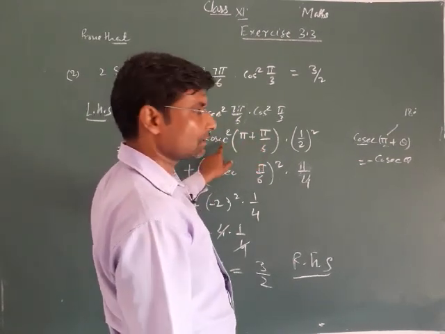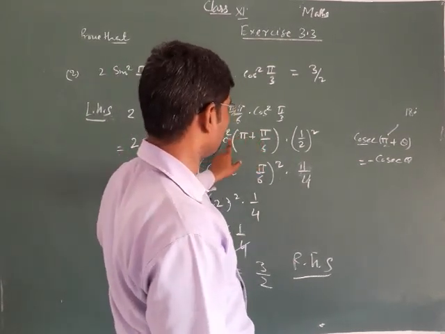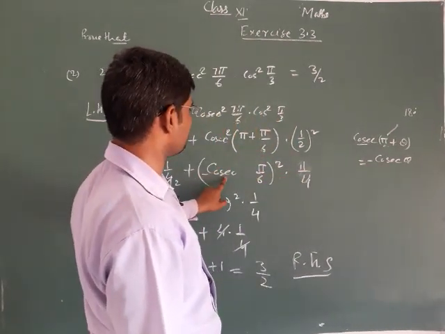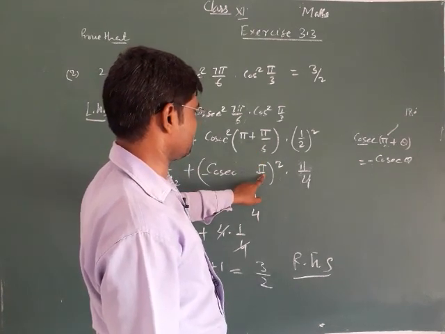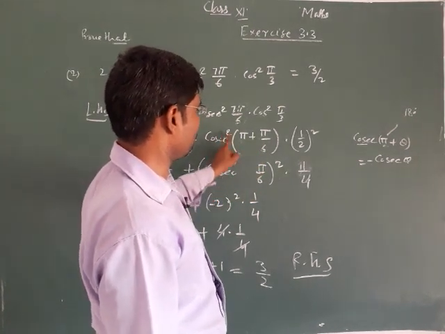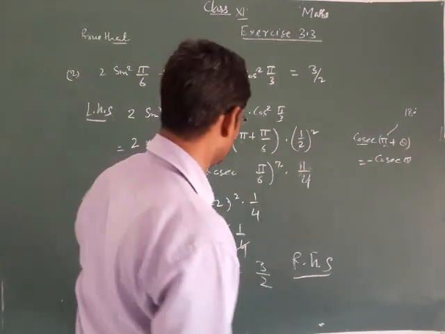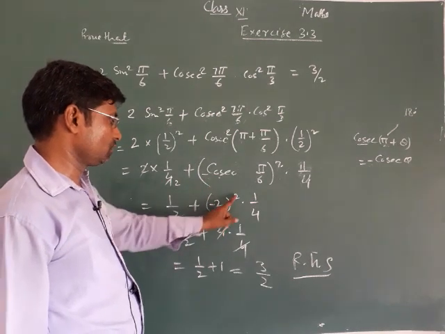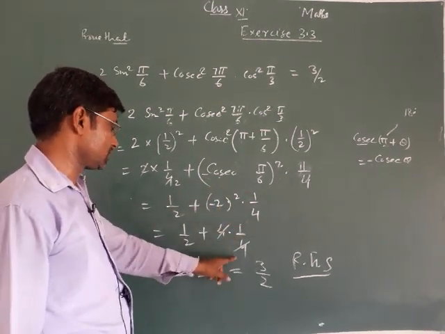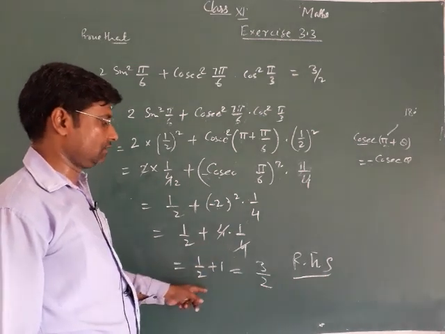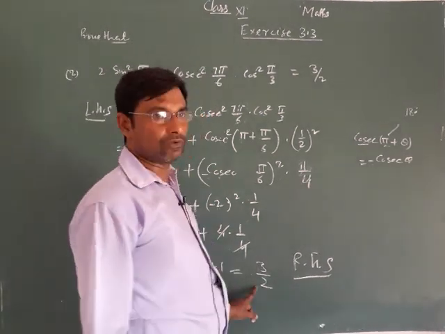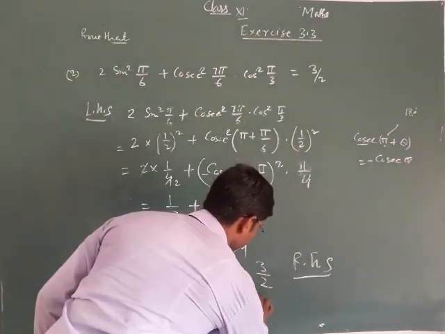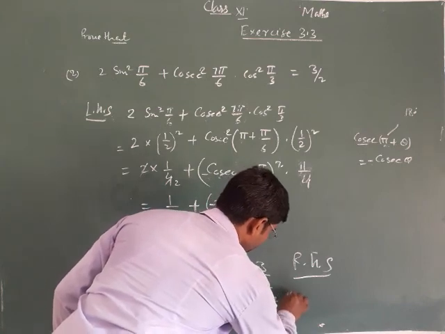So cosec (π plus θ), cosec (180 plus θ), is minus cosec θ. So this is cosec π/6, so the value is negative, and squared, so 1/4. So cosec π/6 means value 2, 2 squared is 4, and 1/4. This cancels out and solve it. So this is 3/2. So this is RHS, proved.